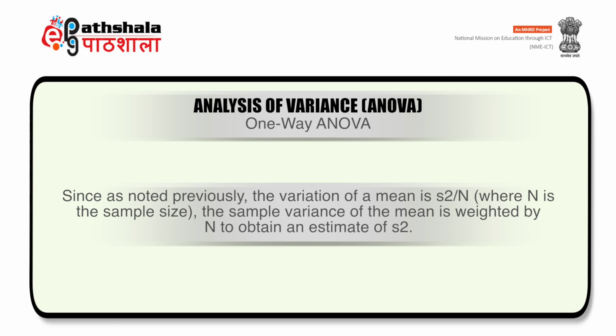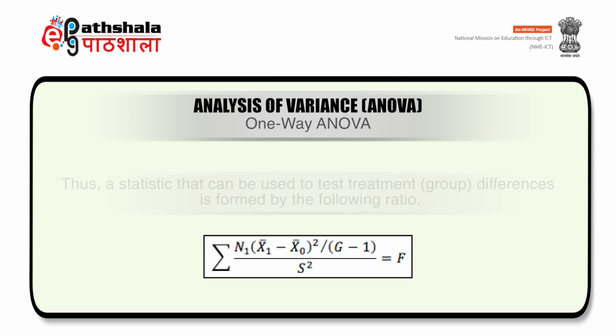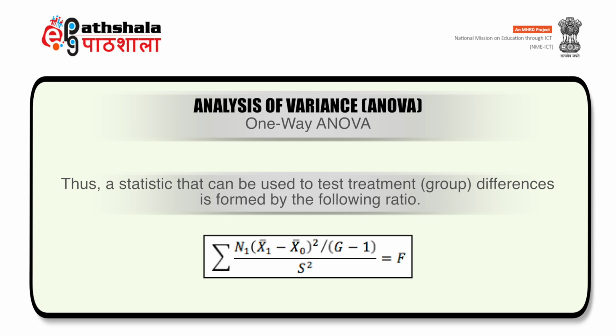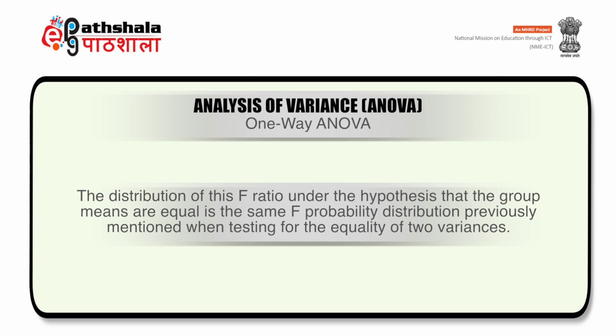Since, as noted previously, the variance of the mean is the mean square divided by n, where n is the sample size, the sample variance of the mean is weighted by n to obtain an estimate of the mean square. Thus, a statistic that can be used to test treatment or group differences is formed by the following ratio, as shown on the screen. The distribution of this F ratio under the hypothesis that the group means are equal is the same F probability distribution previously mentioned when testing for the equality of variances.